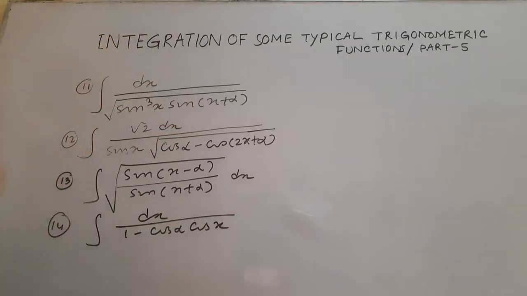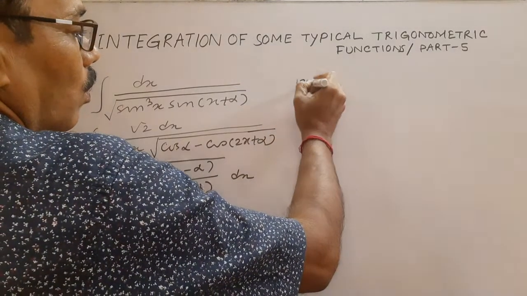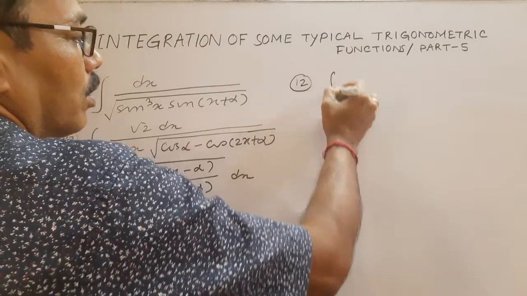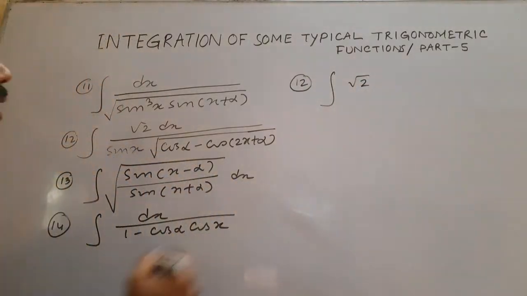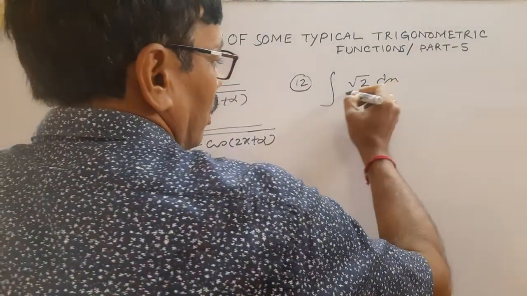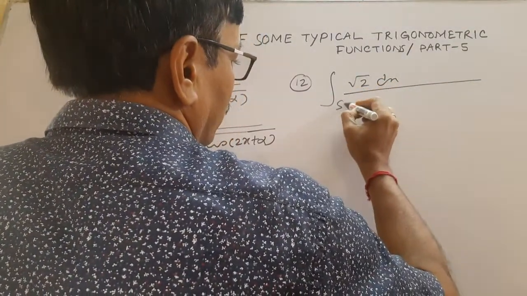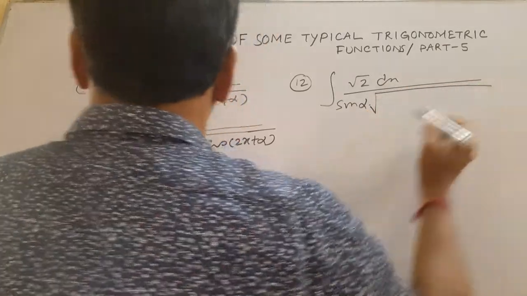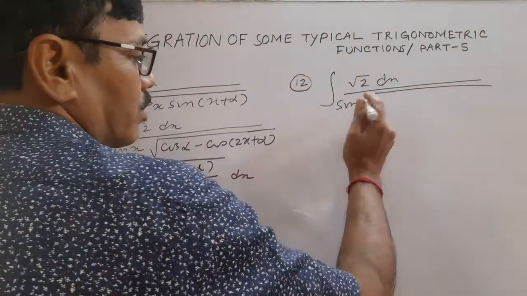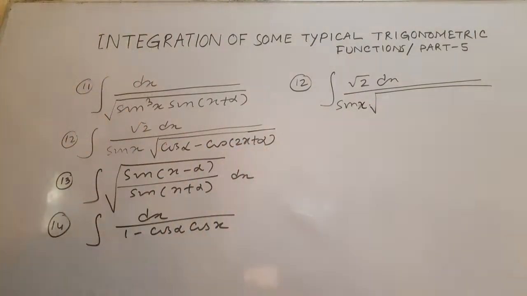So problem number 12: root 2 dx, then sine alpha and root over... this is sine x, not sine alpha, alpha is constant.